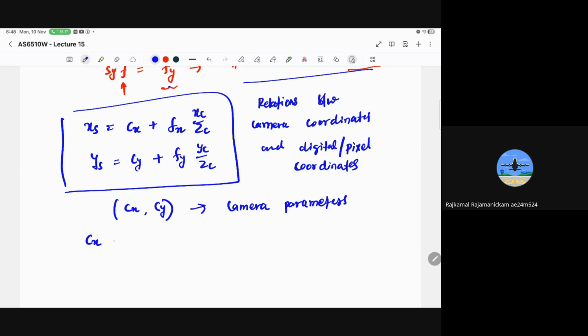Both cx and cy are called principal coordinates.